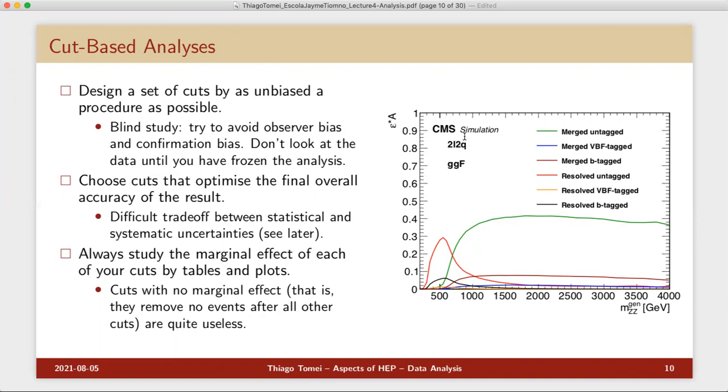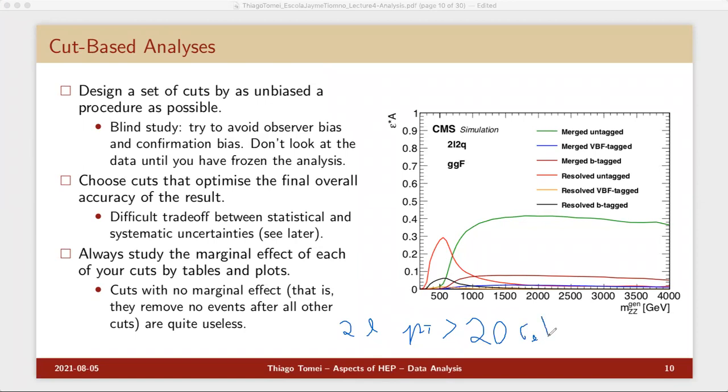which is the so-called cut-based analysis. And what are cuts? Cuts are thresholds that you apply to your selection. So for instance, you say, I want 2 leptons with pT above some threshold, let's say 20 GeV. So this is a cut.